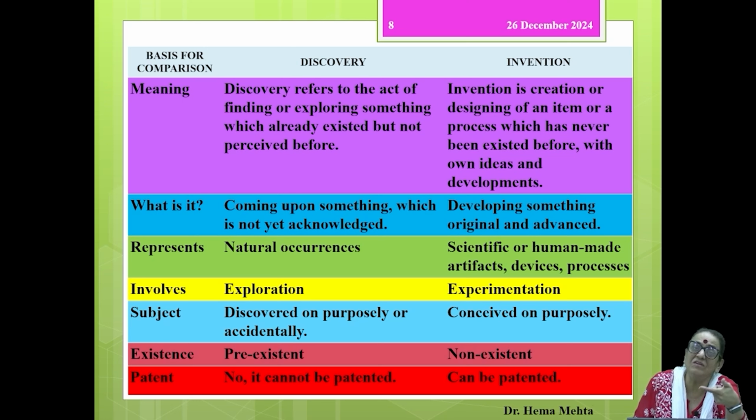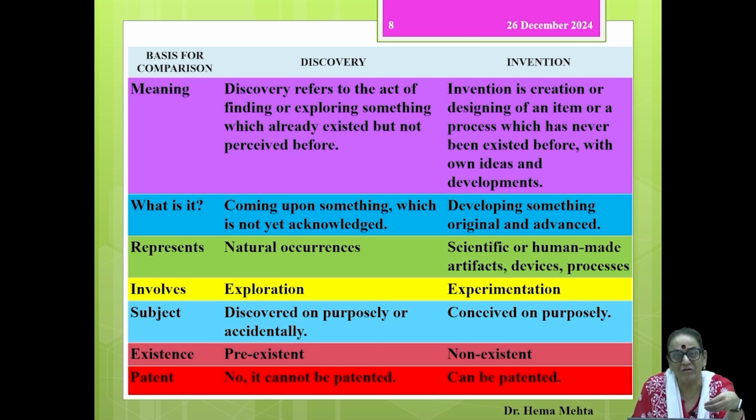Discovery happens either accidentally or because of some purpose to be accomplished. It is a natural occurrence and therefore it does not get any intellectual property right. Very simply, things were already in existence, but we were able to find them after a certain period of time.